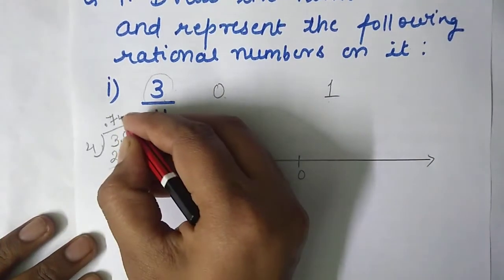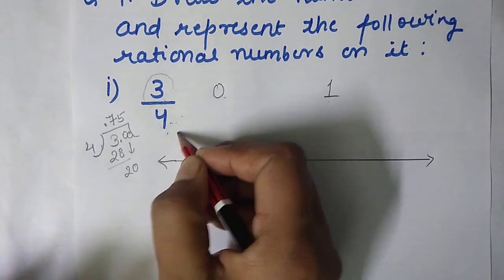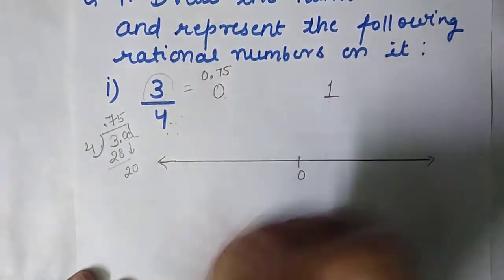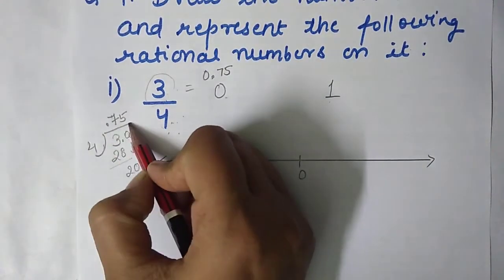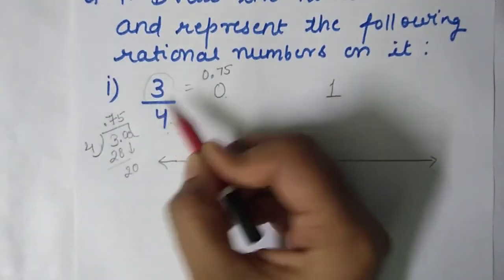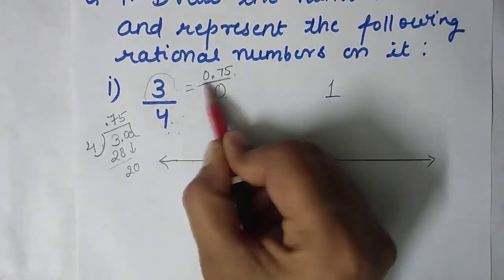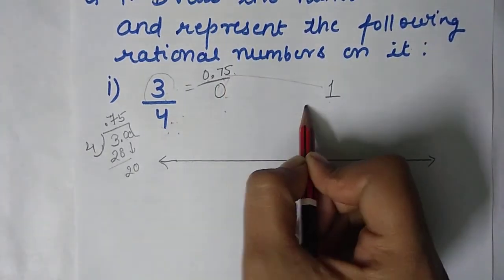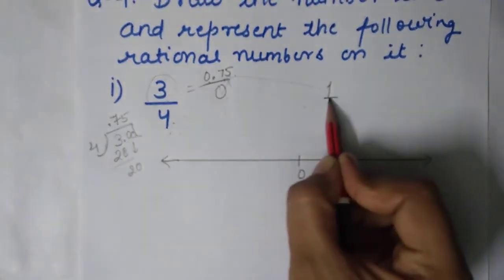So it will be 0.75. So this 3 by 4 is 0.75, which lies between 0 and 1. You come to know this by division, and you have to divide up to 2 decimal places. So the main thing is this 0.75 lies between the two integers 0 and 1. This 0.75 is greater than 0 but less than 1.